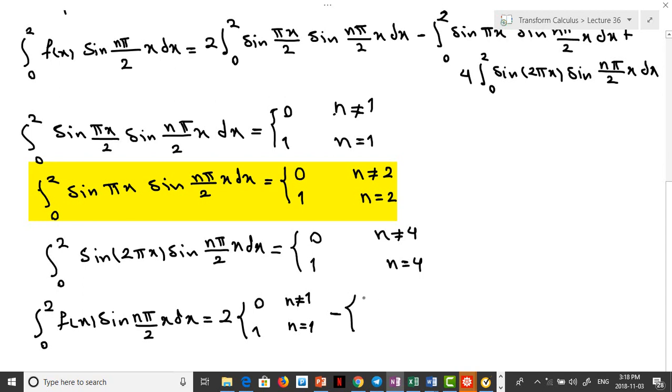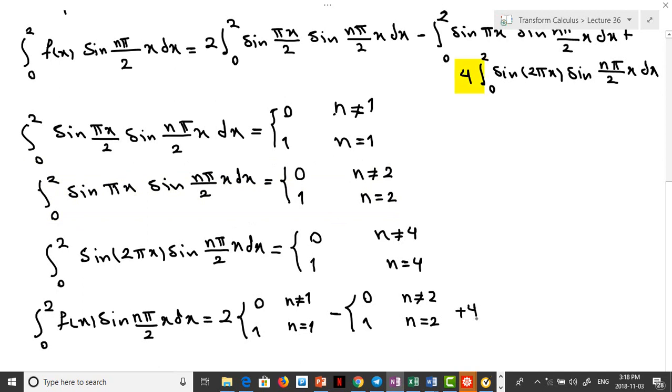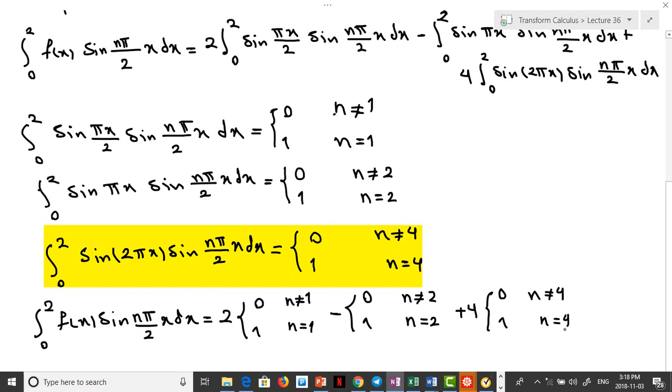It's equal to 0 if n is not equal to 2, and 1 if n is equal to 2, plus 4 times the third integral. We found it is equal to 0 if n is not equal to 4, and it's 1 if n is equal to 4.